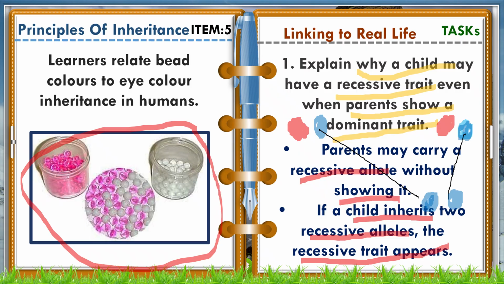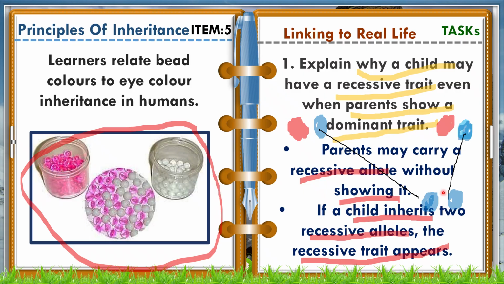Now the child is going to express a recessive trait. Why? Because the two recessive alleles can express themselves, as there is no dominant allele in the combination which can suppress their expression.